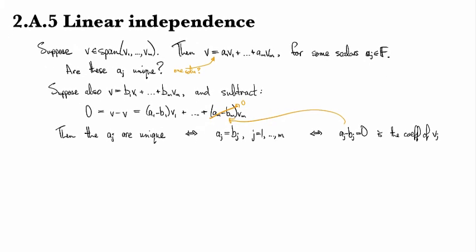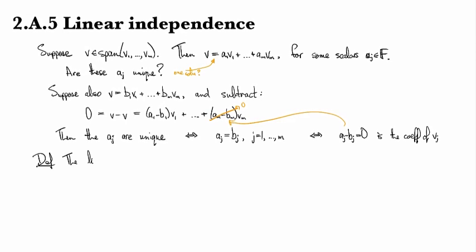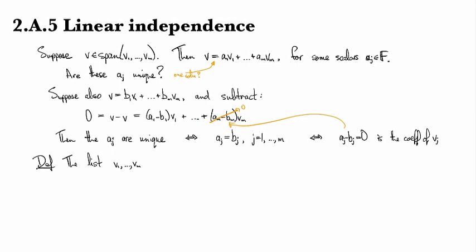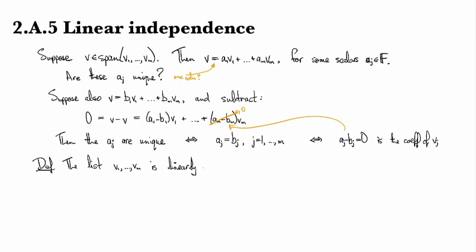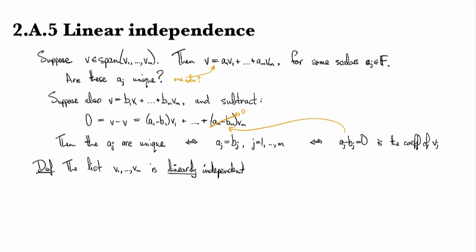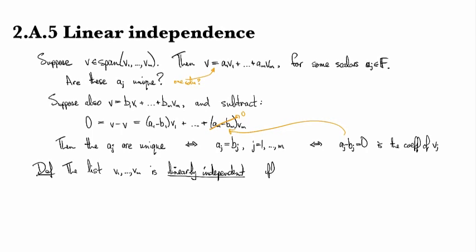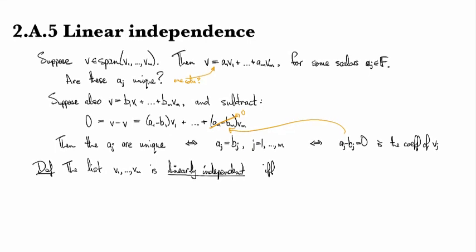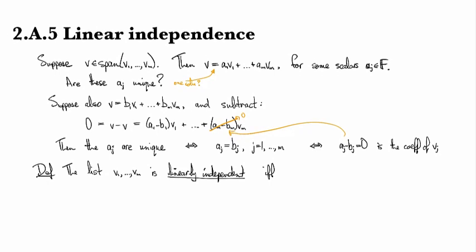So that leads us to this definition. The list v1 through vm is linearly independent if and only if the only way for a linear combination of them to add up to 0 is if we take all the coefficients to be equal to 0.